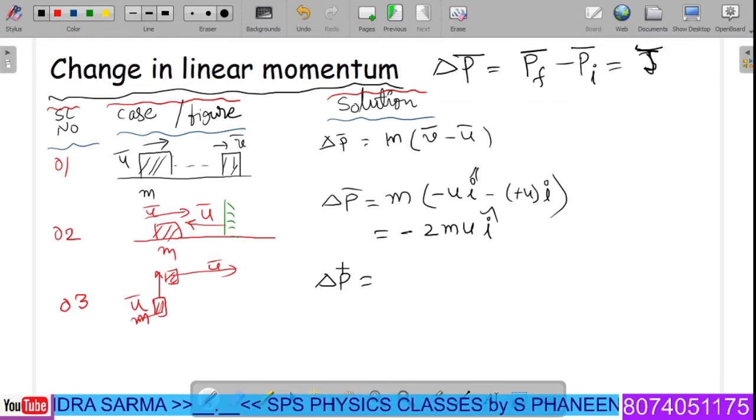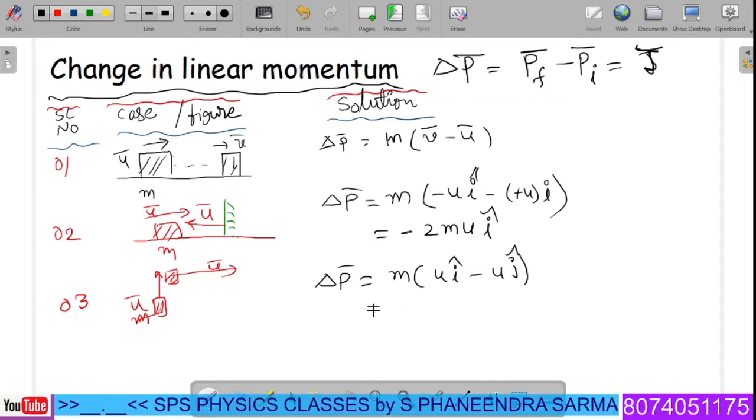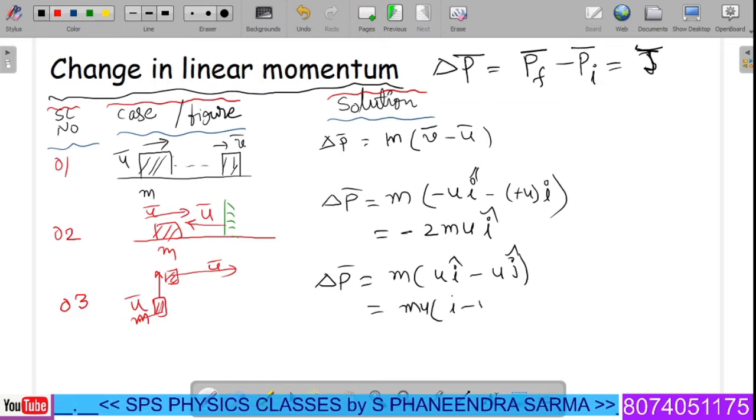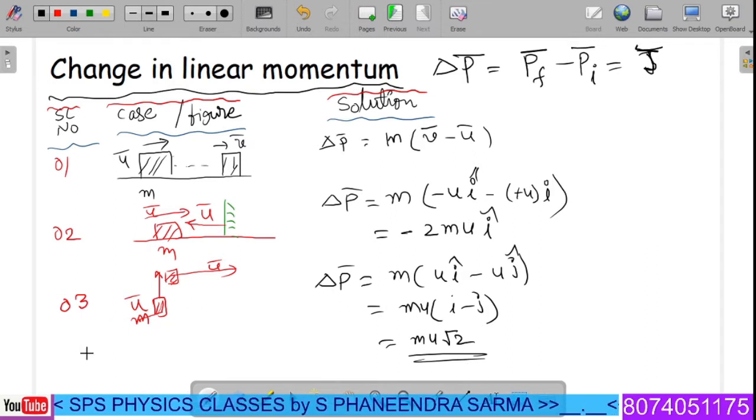Here, delta p bar is, finally along the x-axis, m u i cap, and initially moving along the y direction, therefore minus m u j cap. So you can write mu times (i minus j), with magnitude mu into root 2. By using this formula, one can decide the change in linear momentum.